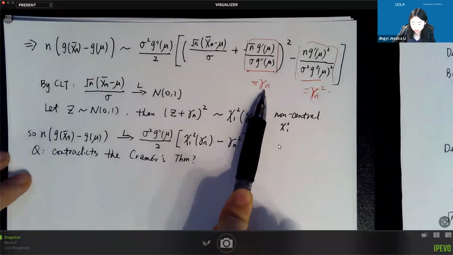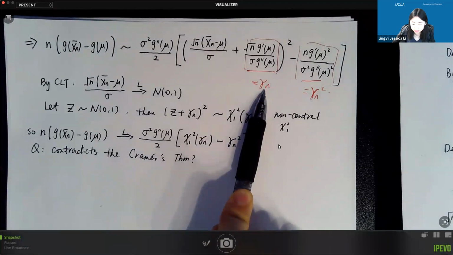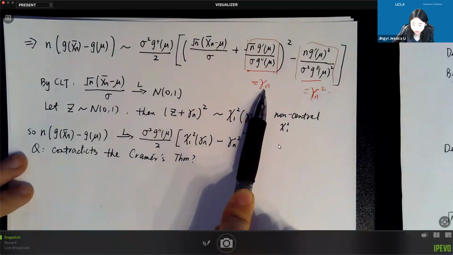This is so important. One thing that is very interesting is that we actually have a very interesting fact.